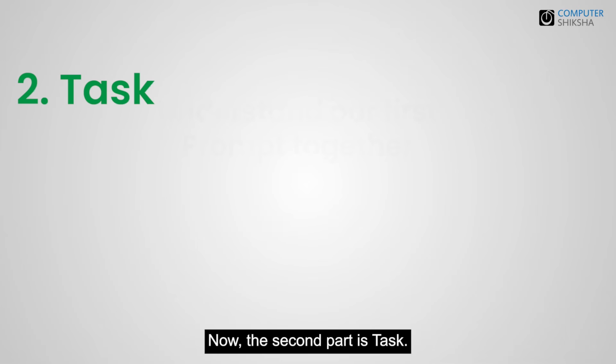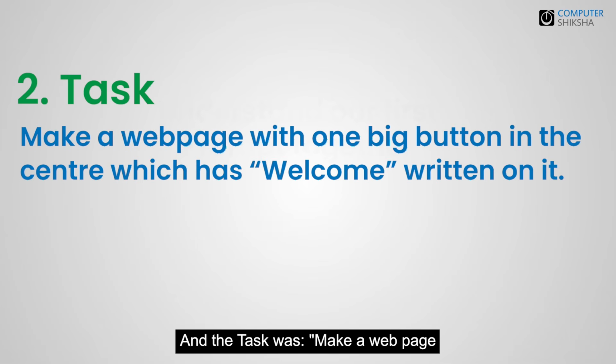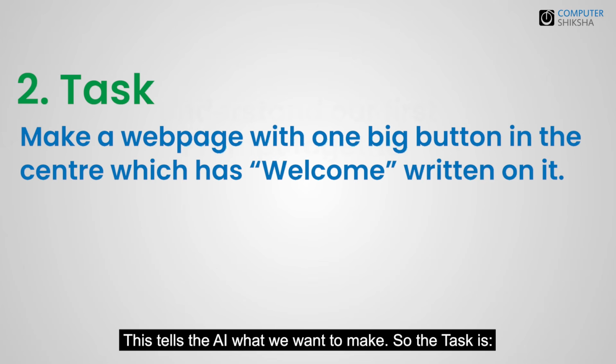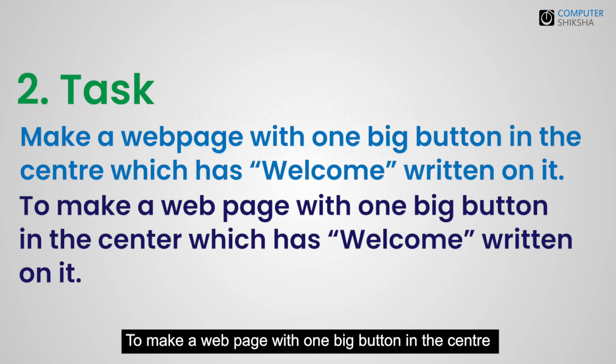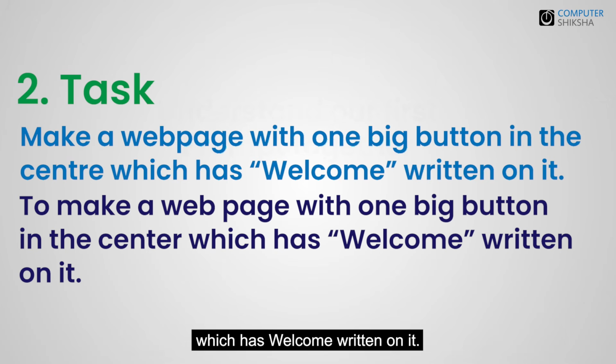Now the second part is task. And the task was make a web page with one big button in the center which has welcome written on it. This tells the AI what we want to make.